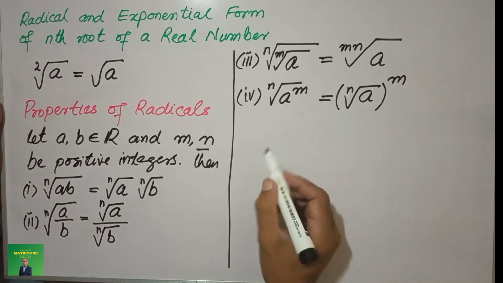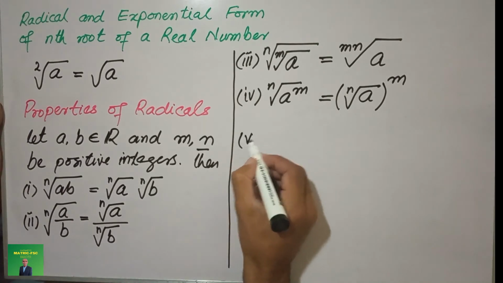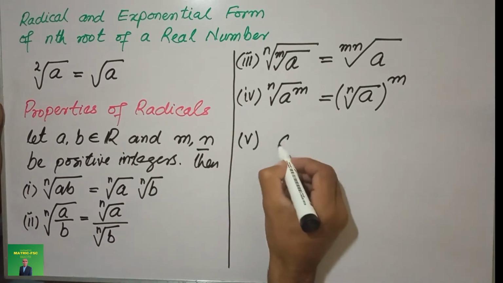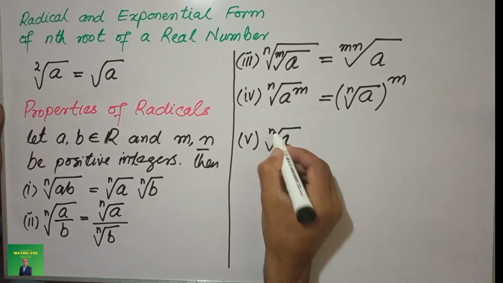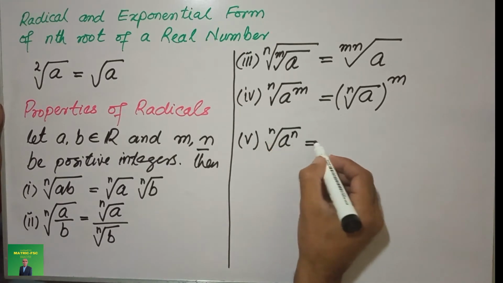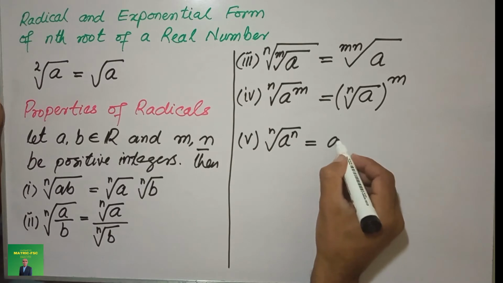Then the fifth property: the nth root of a power n is equal to a.